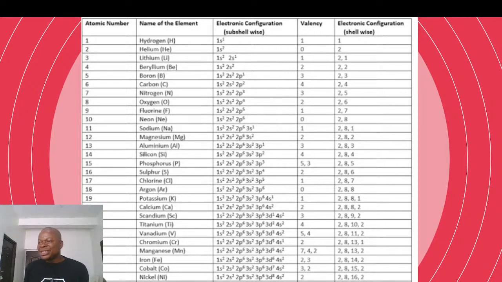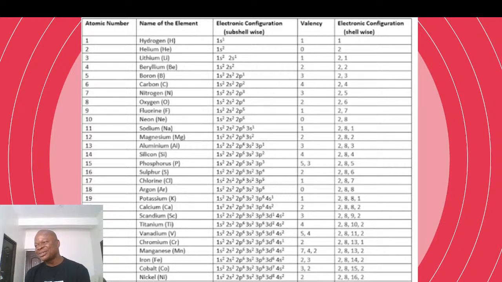Now, if you are to arrange it in electronic configuration, you have 1s2, 2s2, 2p6, 3s2, 3p6, 3d1, and 4s2. Now, I want you to understand something. Note something down now. By the time you get to scandium, the d block has come in.